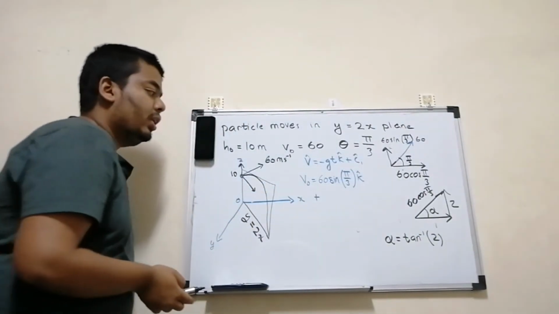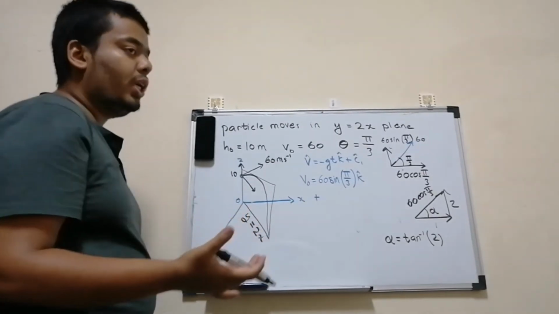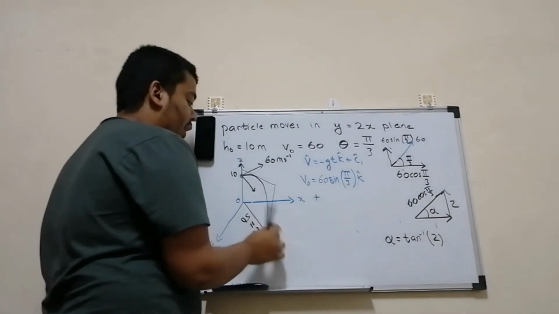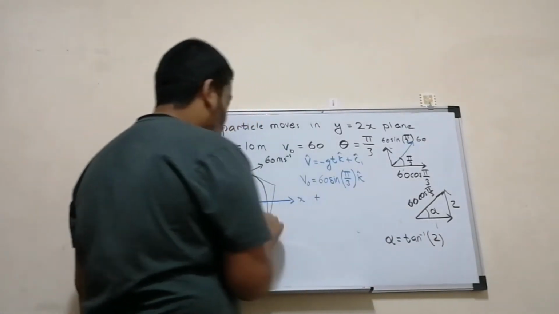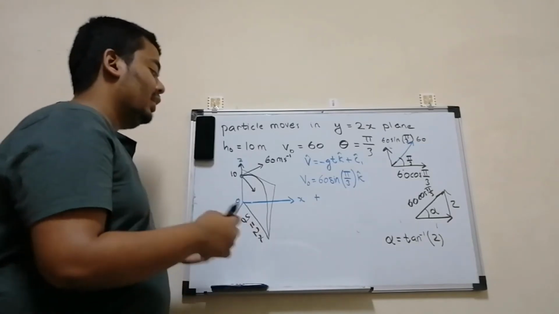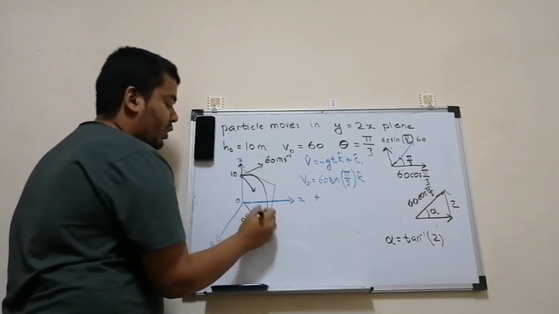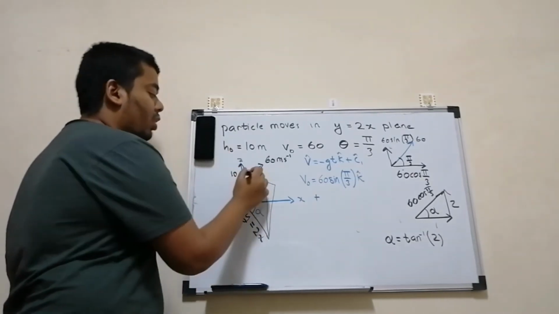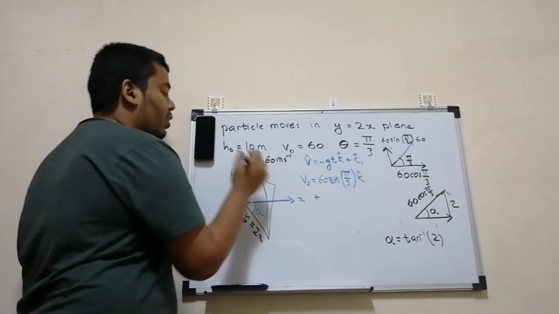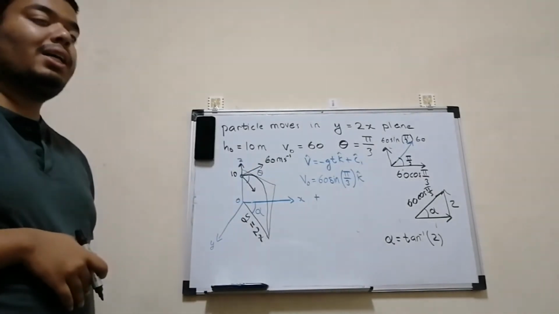The components in the I and j directions can be found by drawing a triangle. The plane y is equal to 2x makes an angle of alpha with the y-axis.